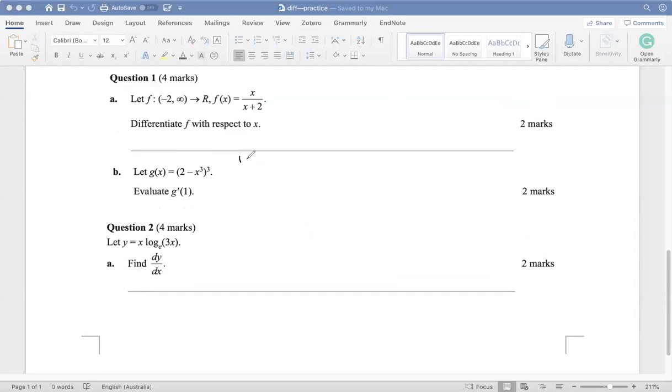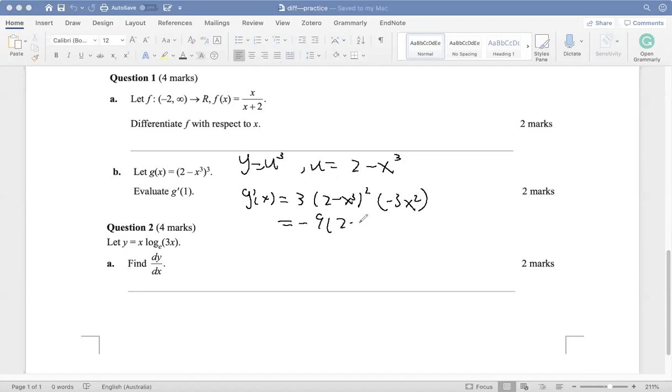Chain rule, okay? y equals u to the cube, u equals 2 minus x cubed. So g dash x will be 3 times (2 minus x cubed) squared, and times the derivative of 2 minus x cubed. Sorry, my bad, that derivative is negative 3x squared. So it will become negative 9 times (2 minus x cubed) squared, times x squared.